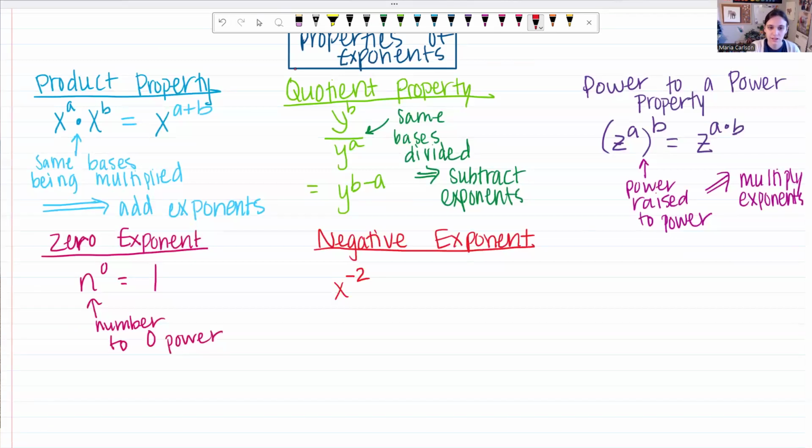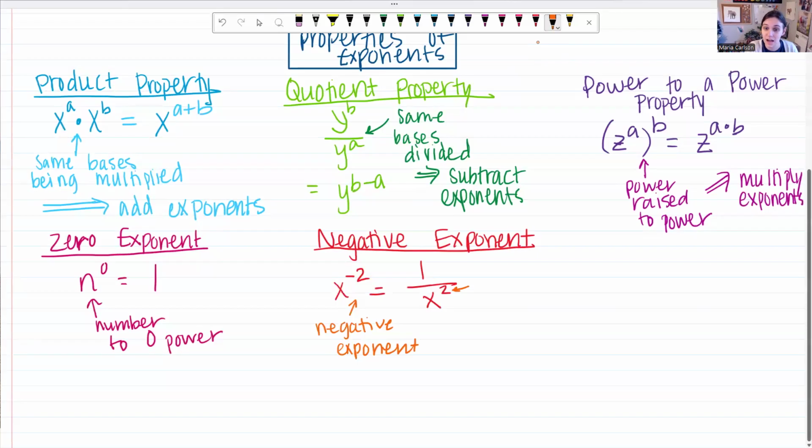As an example, this negative exponent of 2, instead of telling me to multiply by x 2 times, I am going to divide by x 2 times. So this is really what we call kind of like a reciprocal almost. So this x to the negative 2 is really the same thing as 1 over x squared. And notice now this exponent is not negative. This is a non-negative exponent in the denominator.